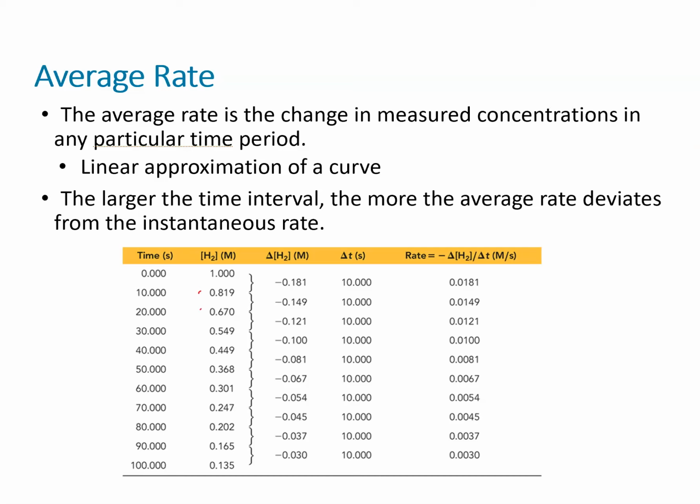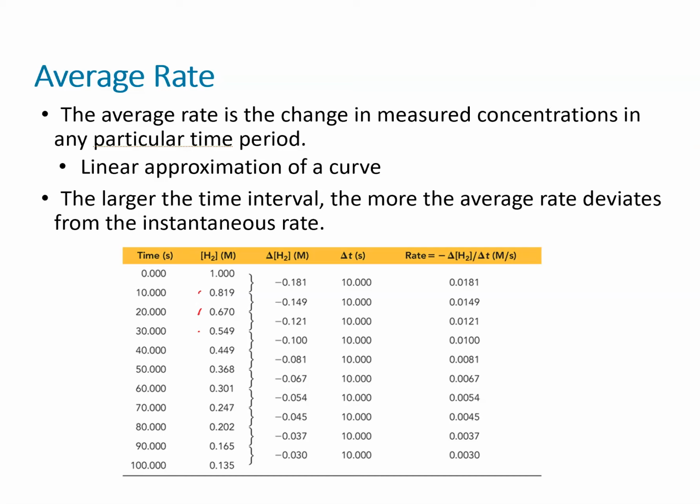At 20 seconds, we've got 0.67. At 30 seconds, 0.549. The delta for each of these over these 10-second periods is shown right next to it: negative 0.181, negative 0.149, negative 0.121.